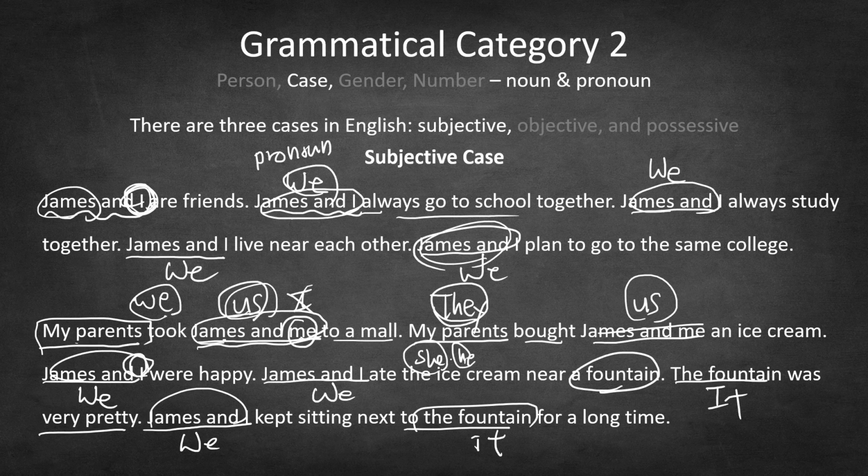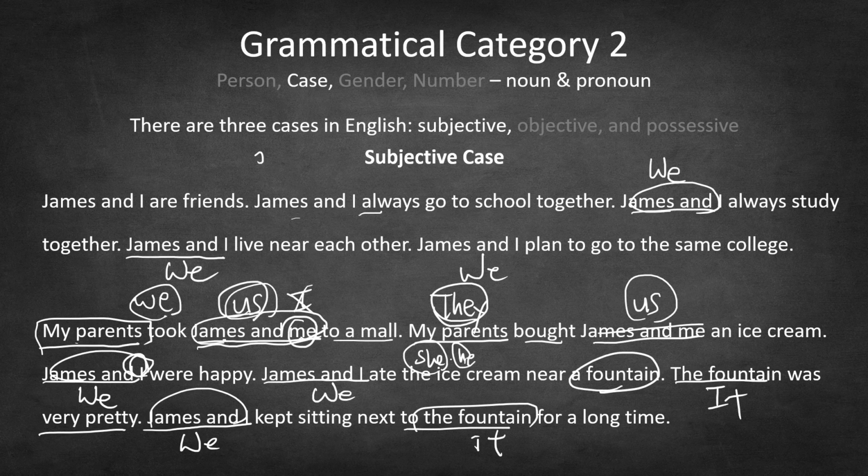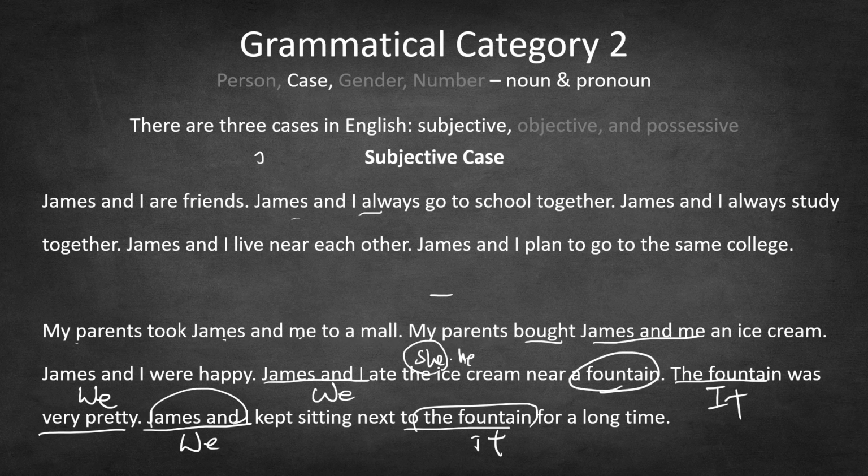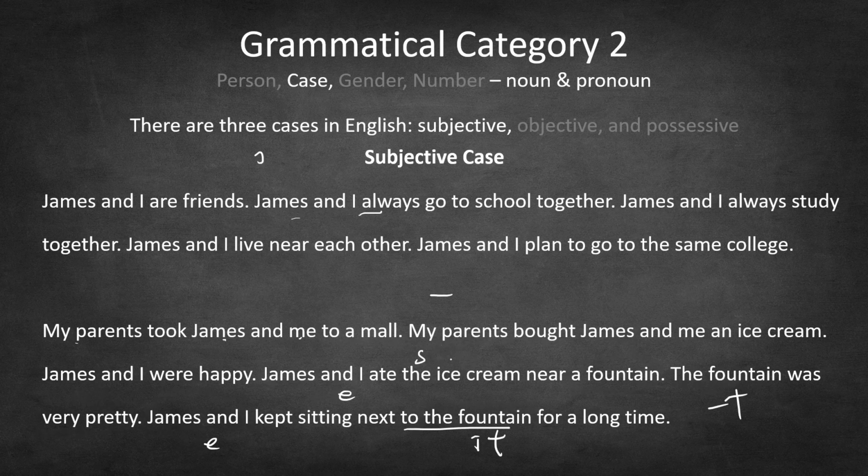Okay, so here, let us read this again with the pronouns. James and I are friends. We always go to school together. We always study together. We live near each other. We plan to go to the same college. My parents took James and me to the mall, so we use us here.